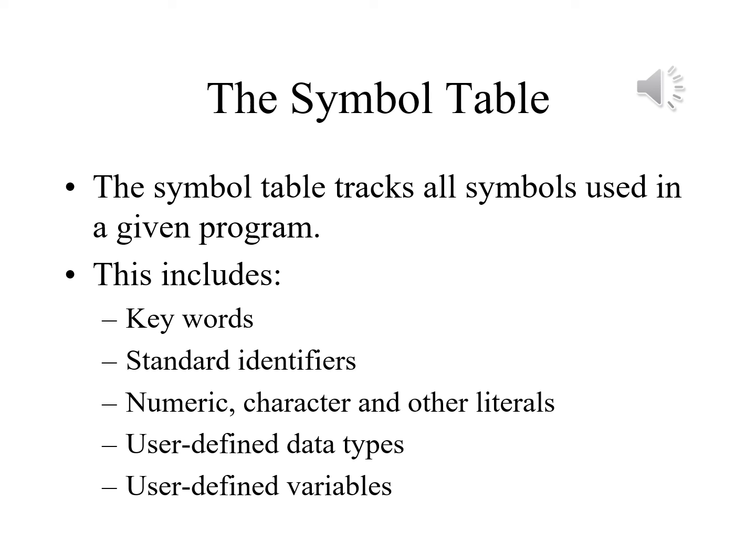It includes information about all of the symbols that you'll see in a language, the keywords or reserved words, the standard identifiers, the identifiers that are defined by users, whether they are constants, variables, or data types, the various literals that you can have, including numbers and characters. And we have to store this in one place with all the necessary information about them.